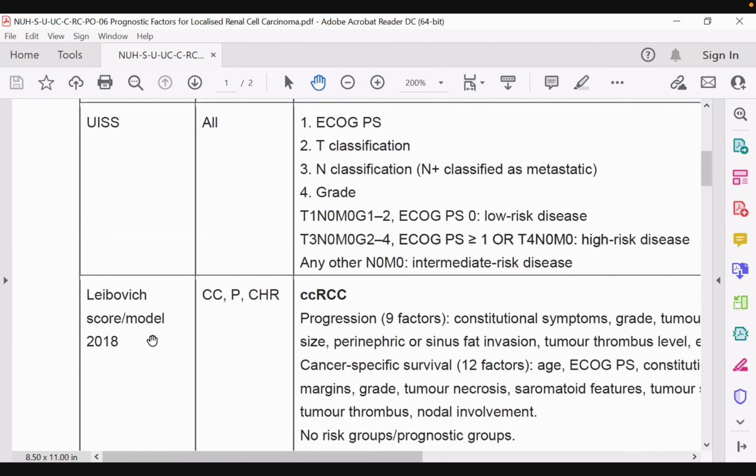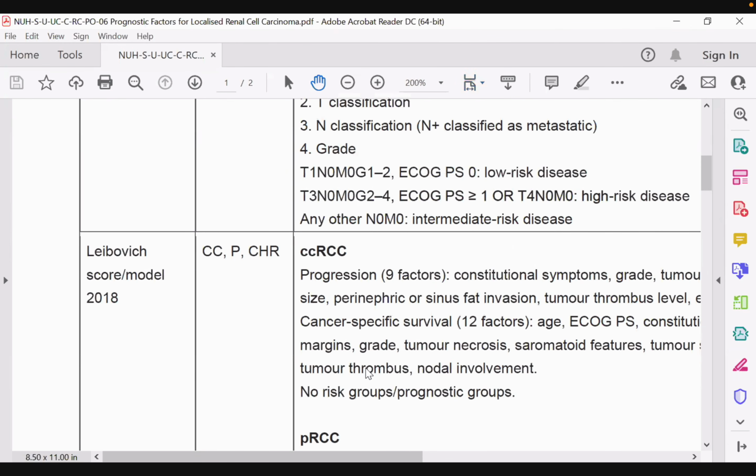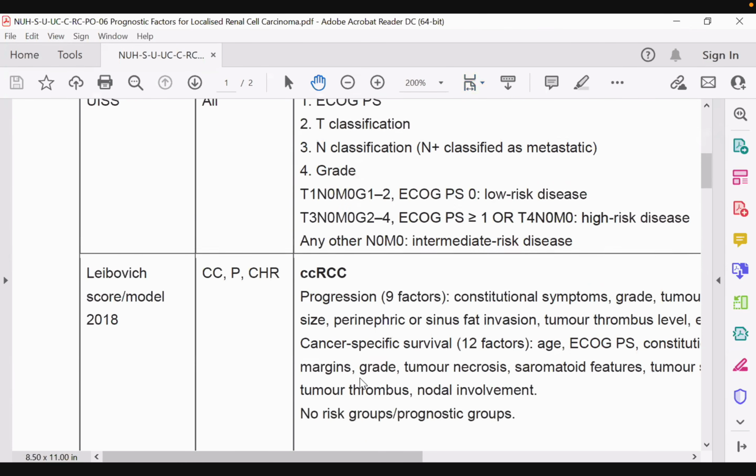Leibovich scoring, 2018. CC means clear cell, P means papillary, and this is chromophobe RCC. You can see what are the factors which point towards progression, which point to survival. There are 12. So this is what we were asking you. Okay, sir.